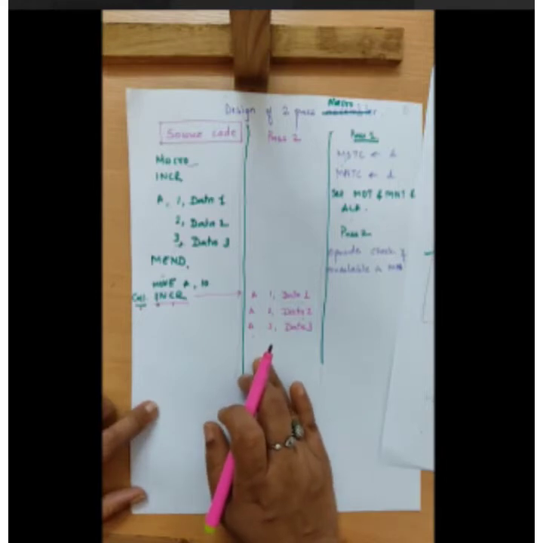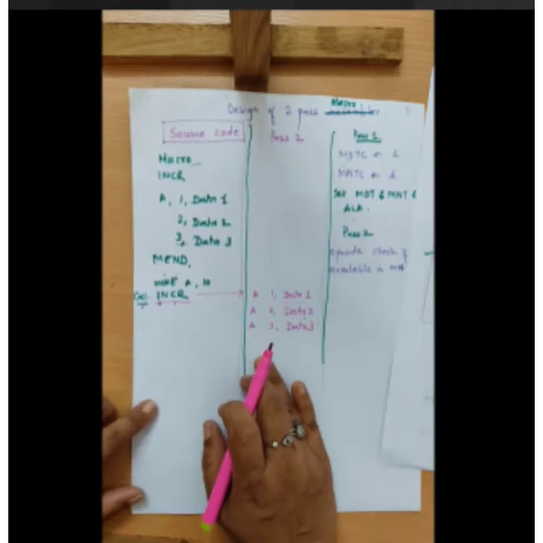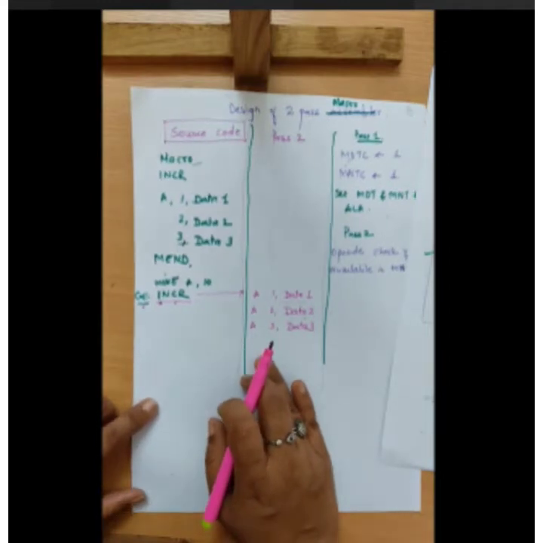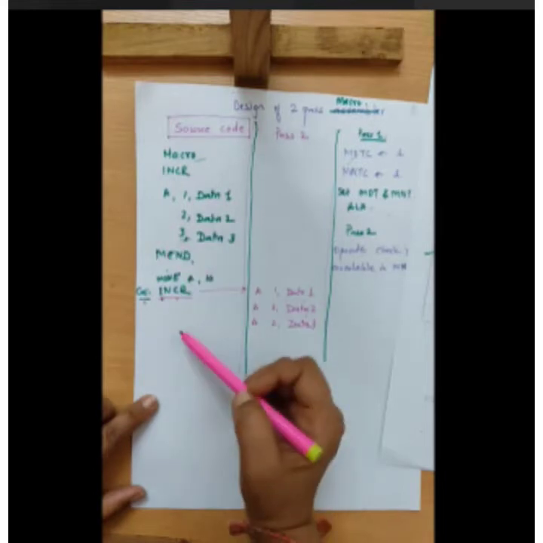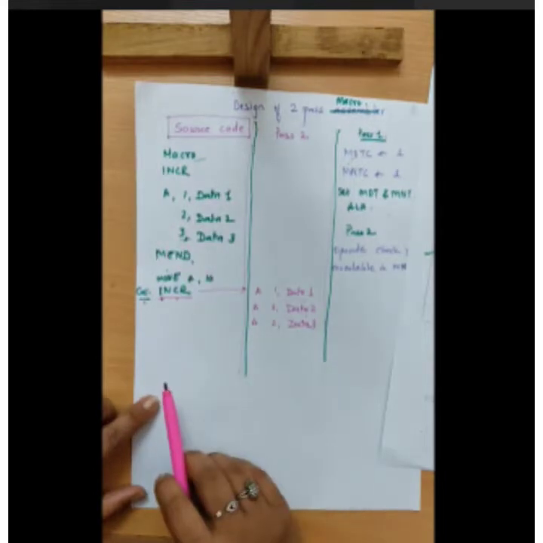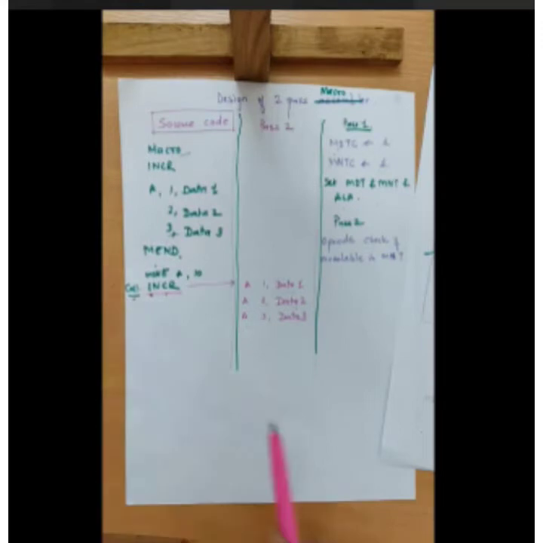In the next session, I will take a more complicated program with multiple macros and also with arguments to the macro. So I hope that you have understood the design of the macro processor, the role of pass 1 and pass 2, and how the databases are filled up in pass 1 and pass 2.